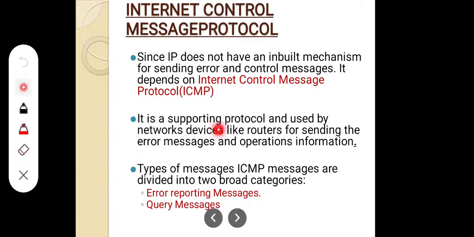It is a supporting protocol used by network devices like routers for sending error messages and operational information. It is a protocol that is supported by each and every hardware in the network.